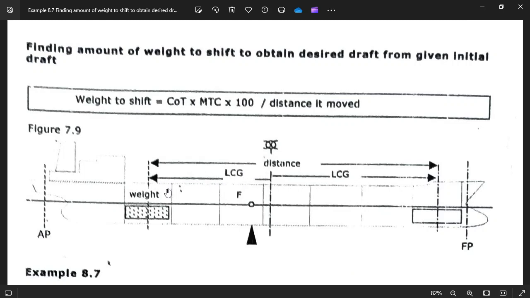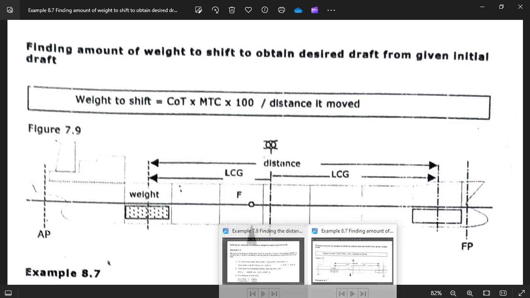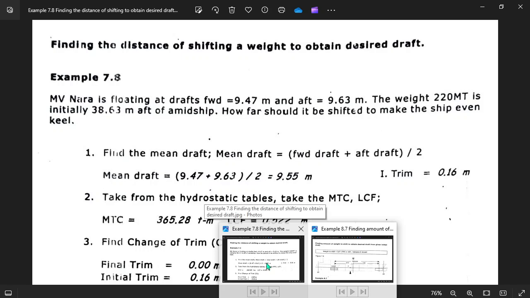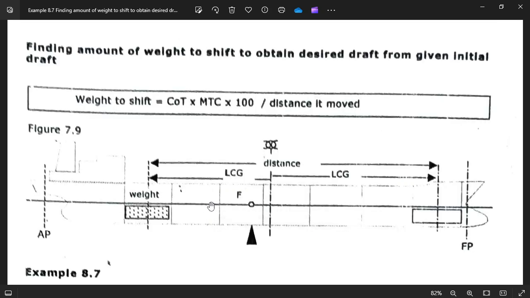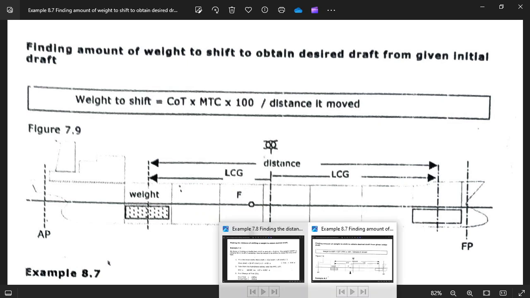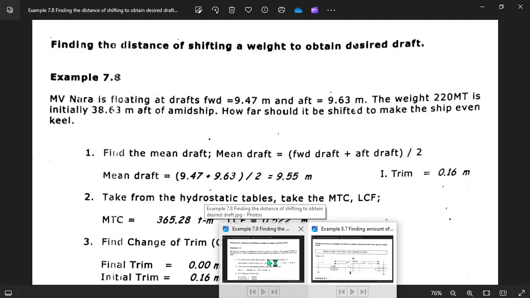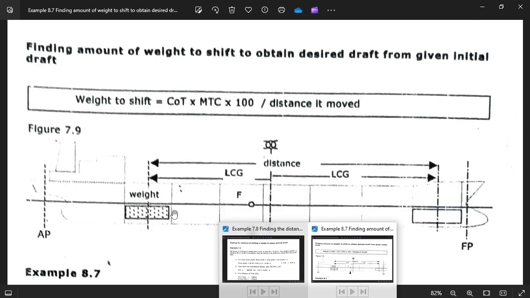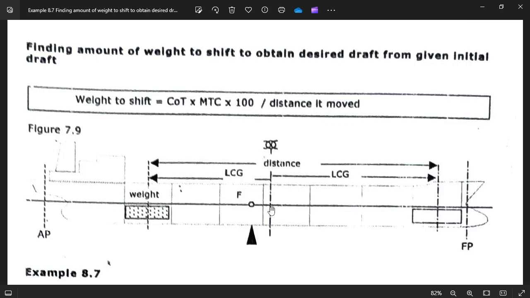The weight is about 38.63 meters from midship. From this point to this weight is 38.63. This is the LCG. Okay, that is what it meant.